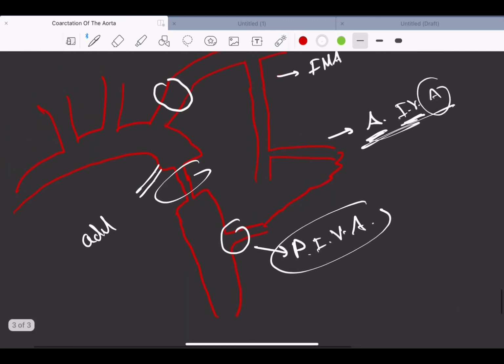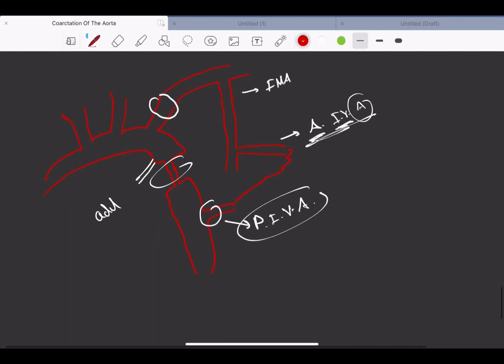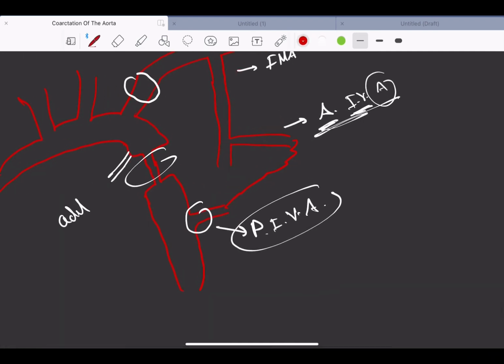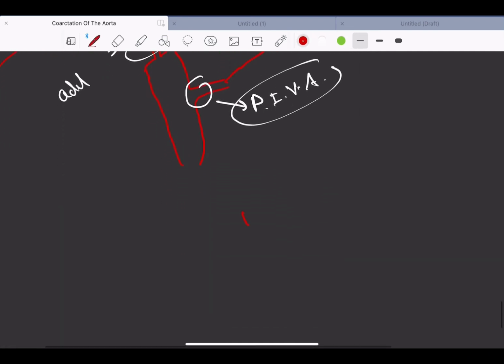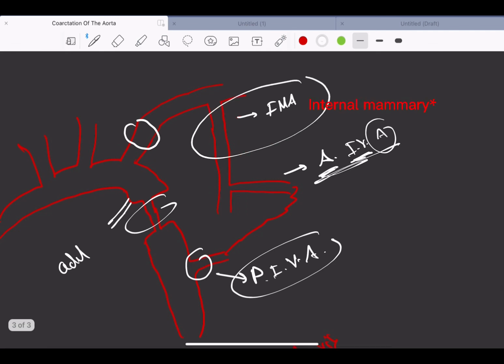Now, another thing that's really important to note is that the first and second ribs are not supplied by the inferior mesenteric artery. They are supplied by the costocervical trunk.